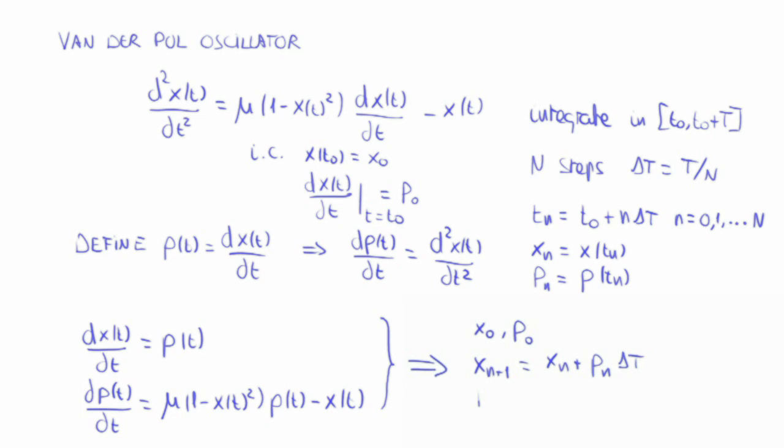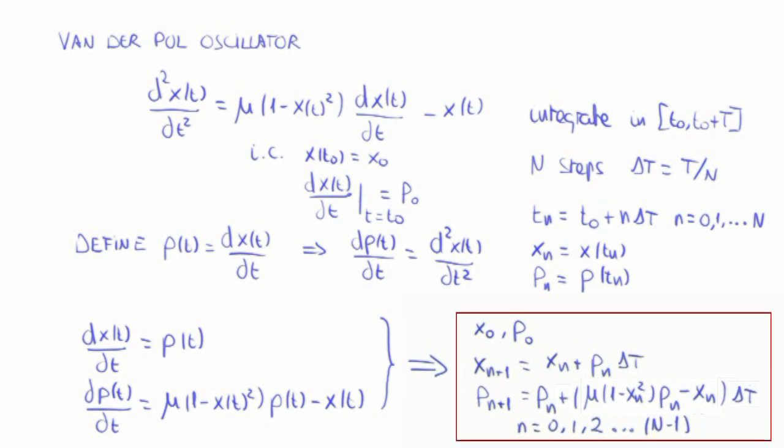The value of the momentum at time tn plus 1 is the value of the momentum at time tn plus mu times (1 minus xn squared) times pn minus xn, times delta t. These two steps are repeated for n equals 0, 1, 2, up to N minus 1 to generate the whole trajectory.